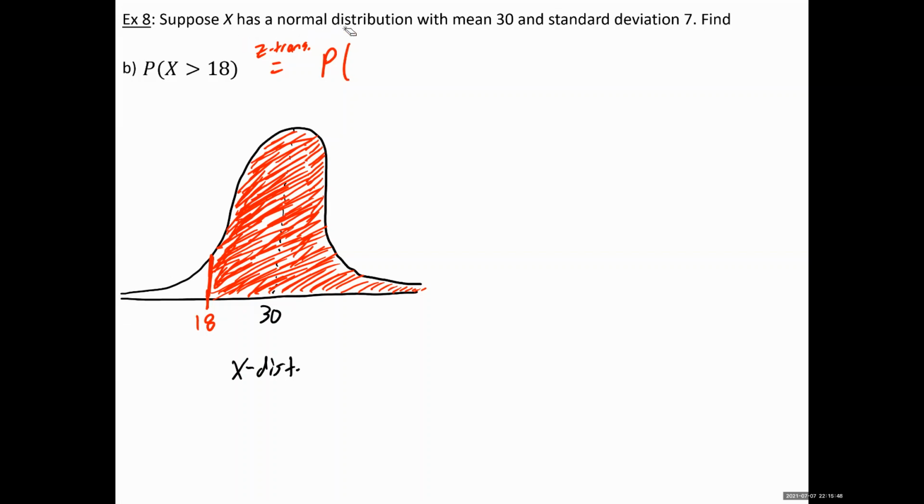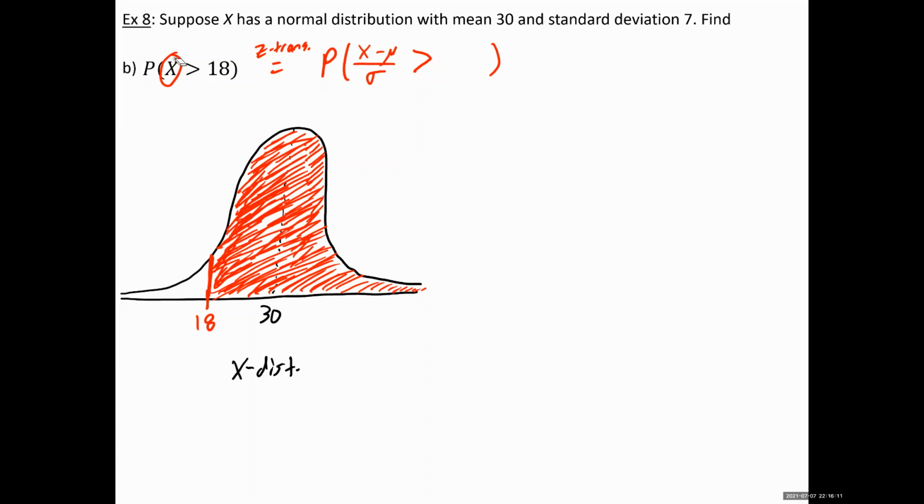So what do you do? You copy down the p symbol, you copy down the parentheses symbol, you copy down the greater than symbol, and you have to fill in the spaces. In the first space, again, what do you write there? Well, you look at what was originally in that space, the x, you copy it down, and then you minus mu and divide the whole thing by sigma, because that's the z transformation formula.